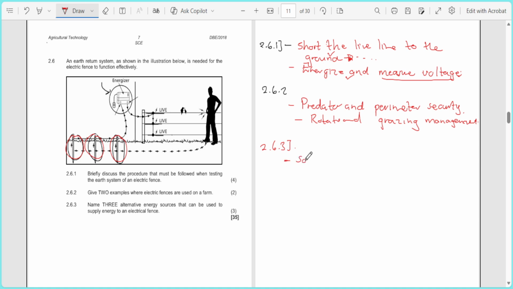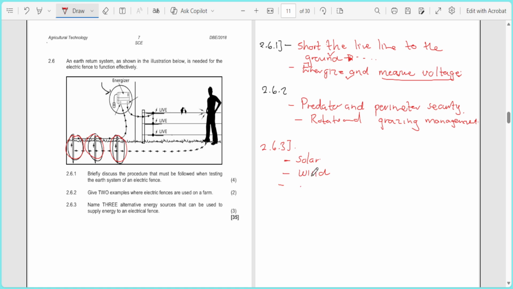I'm thinking solar. I'm thinking wind energy, right? I'm saying it's easy, but now I'm stuck. I can only think of two.